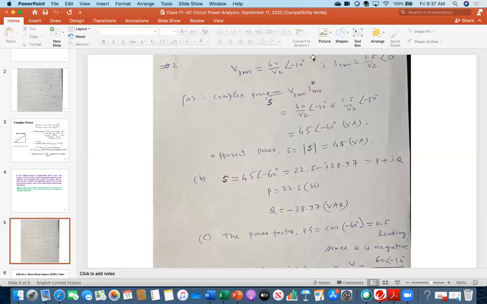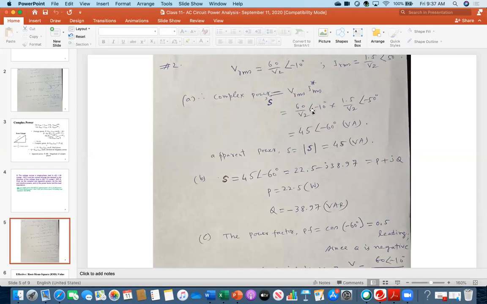Then, once I have that, complex power, bold-faced S, is V RMS times I RMS conjugate. Everybody look, I RMS conjugate. This is the V RMS part. In the I RMS part, here it was positive 50 degrees, plus 50. But because I have to take the conjugate, I used minus 50.